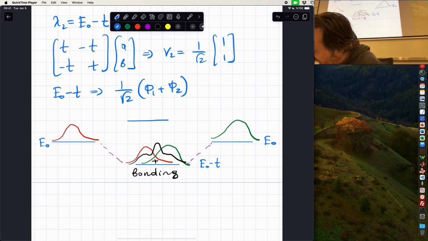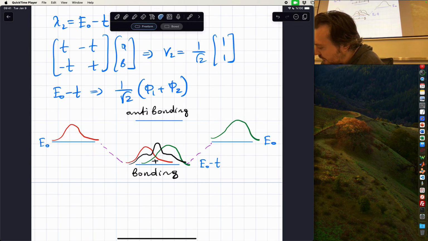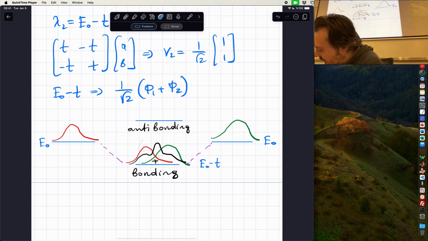While the antibonding has higher energy, right? Antibonding, I should have written it down. So then this time I have again these two things, but I'm basically summing the negative side of the other one.